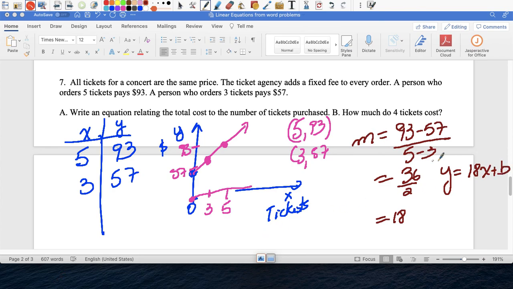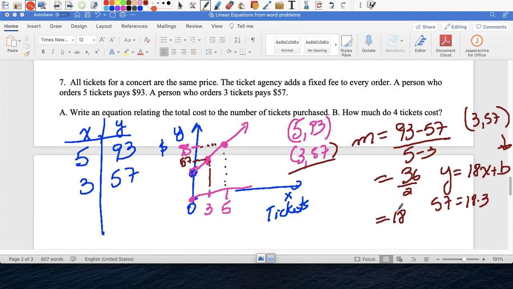This time around, we have to find out what b is. It's not given because I don't know what the y-intercept is. So let's pick a point. I don't care, let's pick 3 and 57. Plug it in here. We get 57 equals 18 times 3.